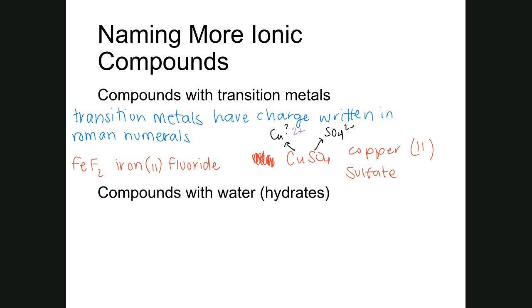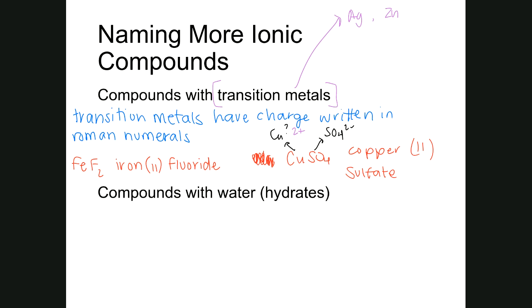Now there are some pieces of information that we need to be familiar with considering transition metals, because we already know that transition metals are a little strange. They kind of have their own rules. For instance, there are 2 transition metals that do not act as transition metals, and these are silver, Ag, and zinc, Zn.